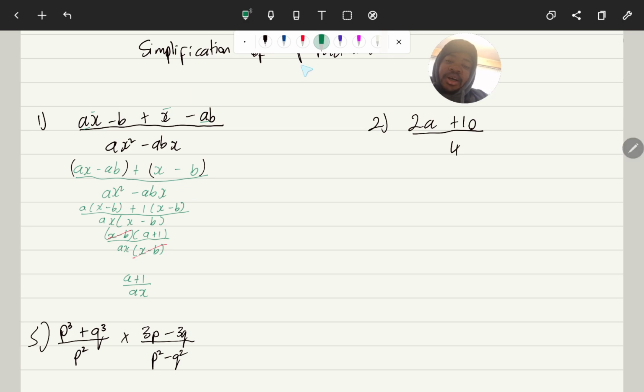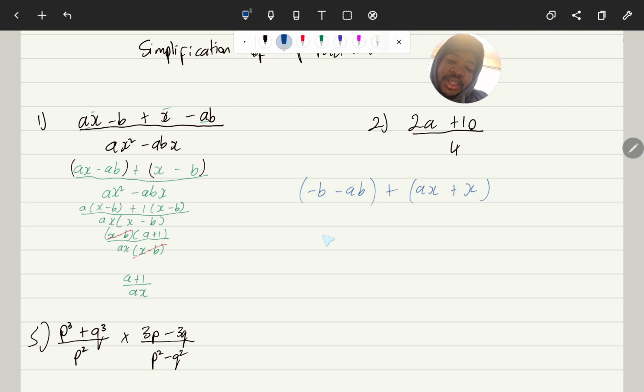So I'll show you by grouping them with B. Say I have minus B minus AB, and then I have X, so this is plus AX plus X, and then I group them. This is my first group, this is my second group.